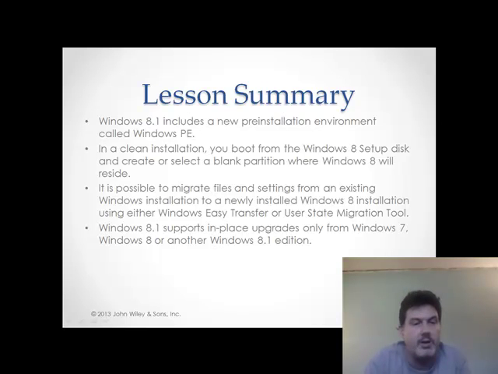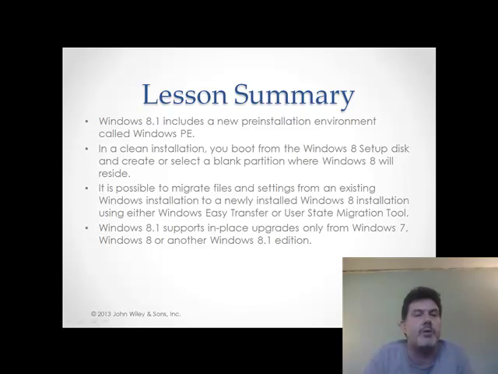In a clean installation, you're going to want to boot from the Windows 8 setup disk, create or select a blank partition, and do the install onto that blank partition. You can extend that partition, which is something fairly new in the Windows PE environment, in case you need additional space, provided you've got space adjacent to that partition on the physical drive.